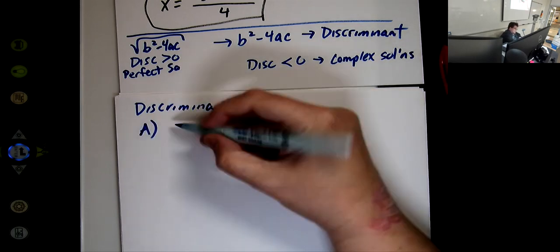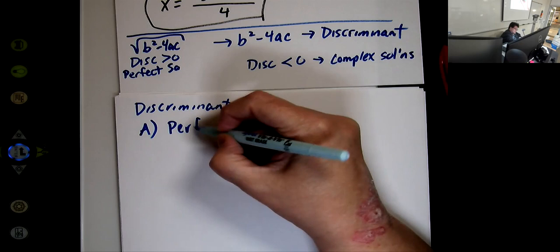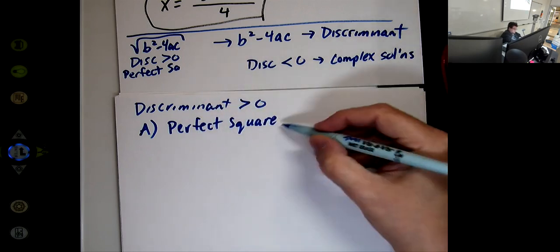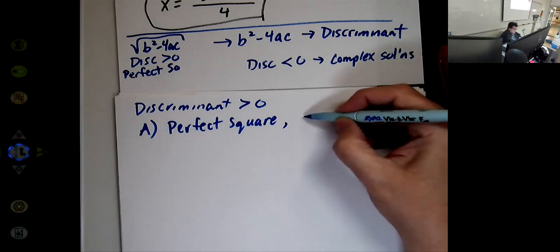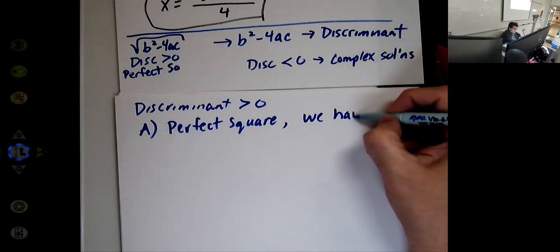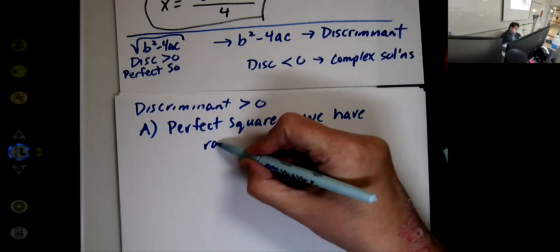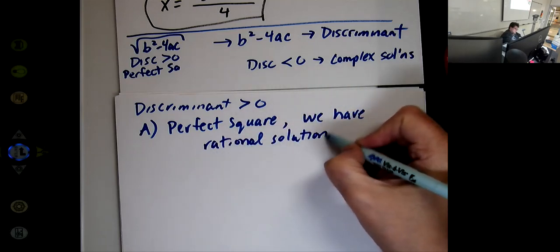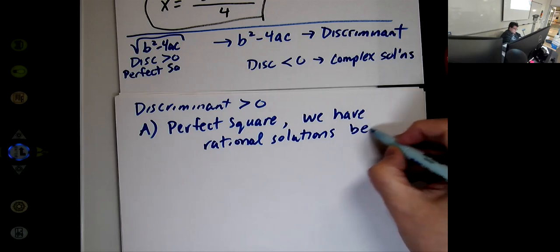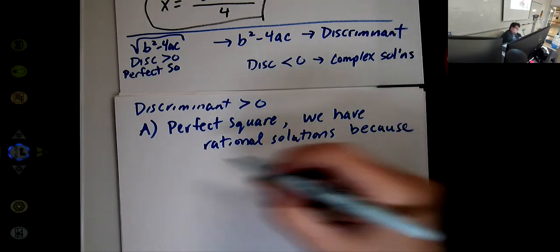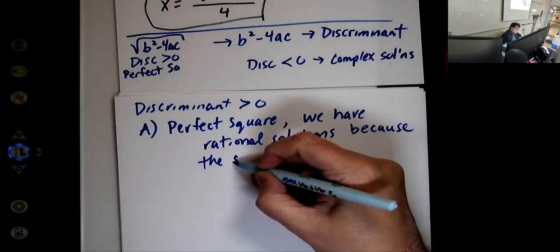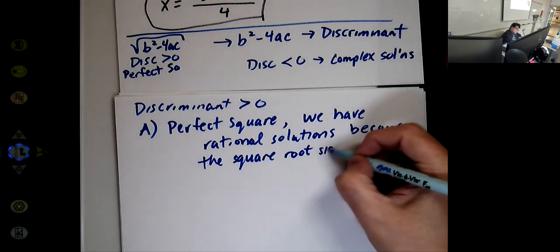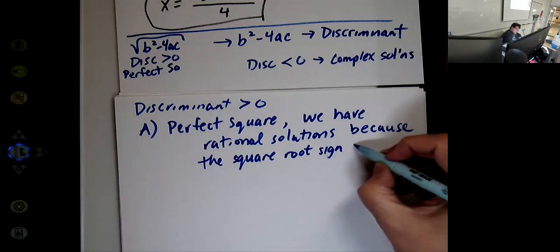A, if it makes a perfect square, we have rational solutions, because the square root goes away. It vanishes.